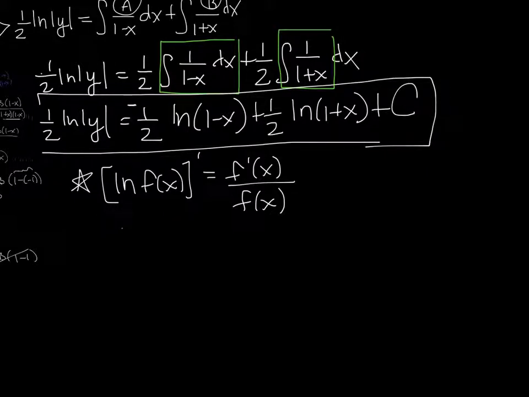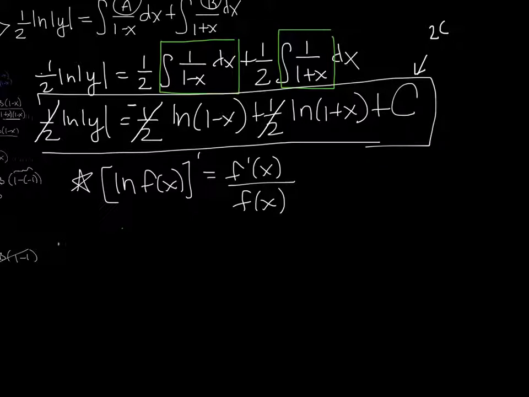Okay, so I'm going to multiply both sides by 2, because when I do that, then this is gone. If I multiply by 2, 2 over 2 is 1. If I multiply the c times 2, I get 2c, but I'm just going to call it c because it's eventually just going to be an arbitrary constant.